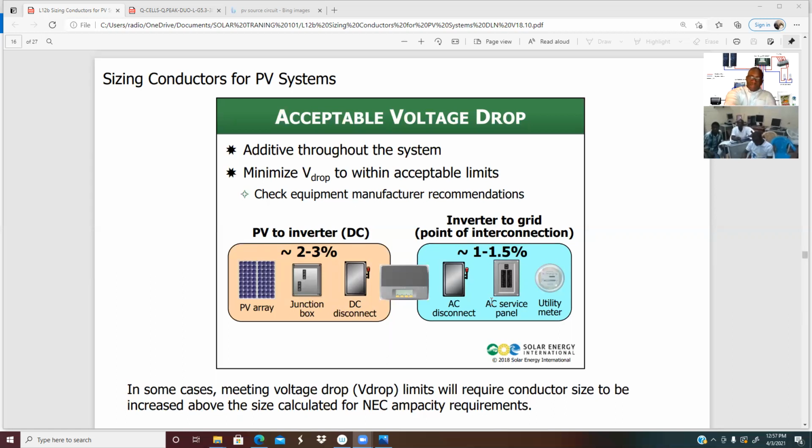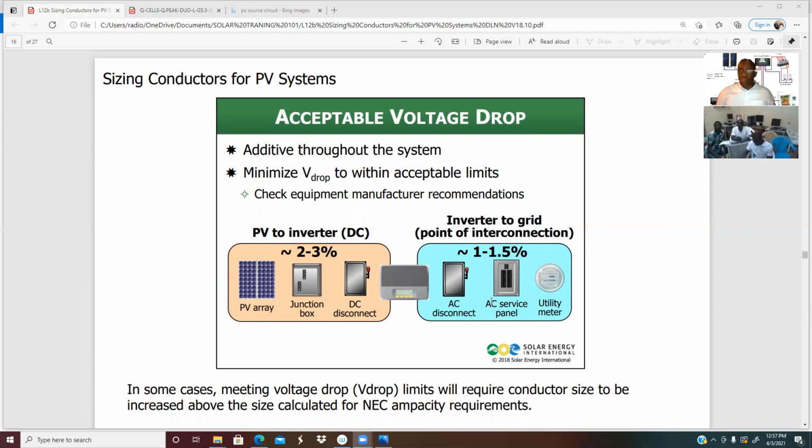They're saying for a good installation, you should be between 2 to 3% when it comes to voltage drop. Between the AC disconnect and your AC service panel, you should have a voltage drop of about 1.5%.